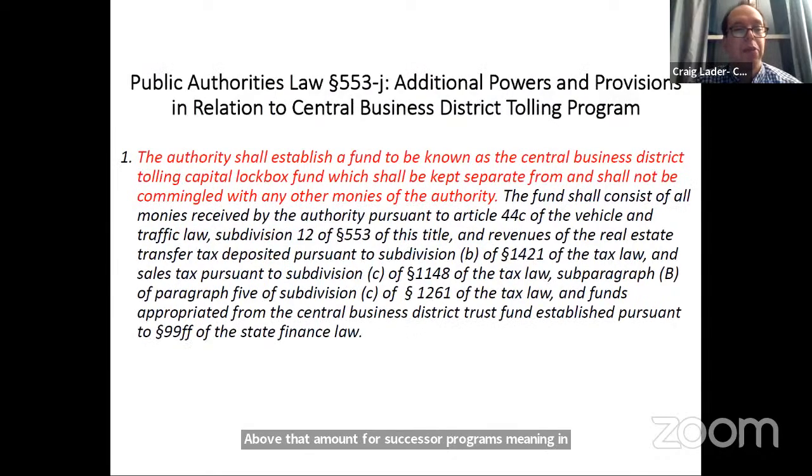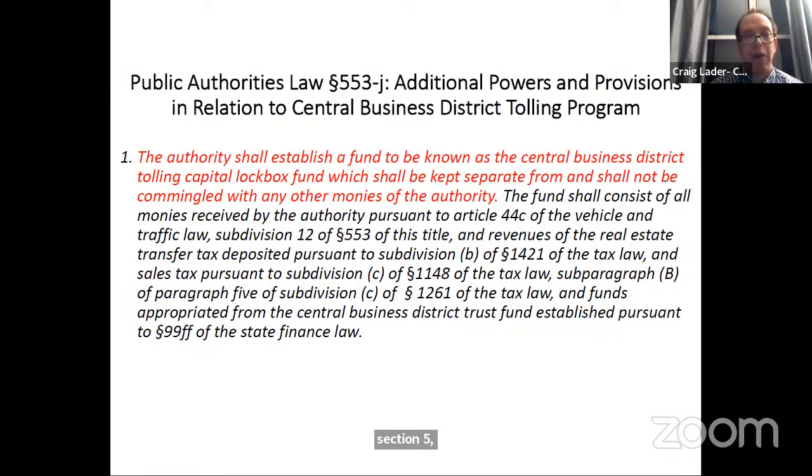And if you go to the next screen, please, I go into details, and this is the language pulled from section 553-j. This one I've highlighted in red: the establishment of the fund, how it should be kept separate from and should not be commingled with any other monies of the authority. The next slide, please.